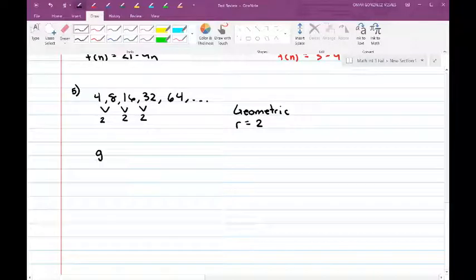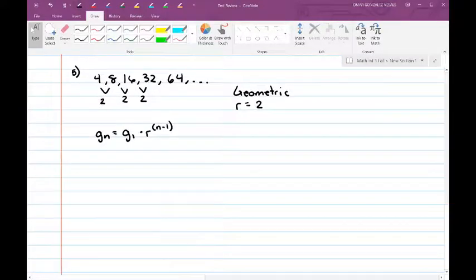It's g of n equals g of 1 times r to the power of n minus 1. You guys plugged everything in pretty well. So this would be g of 1 is 4 times my common ratio, which is 2, to the power of n minus 1. That was good. Okay, so if you gave me that as your geometric explicit, that is correct.